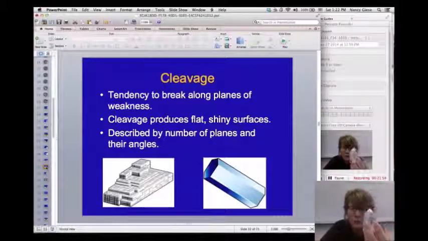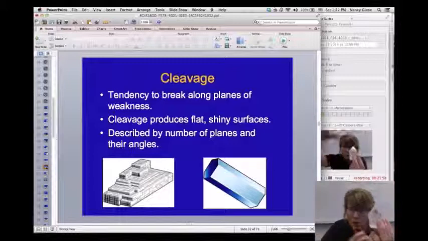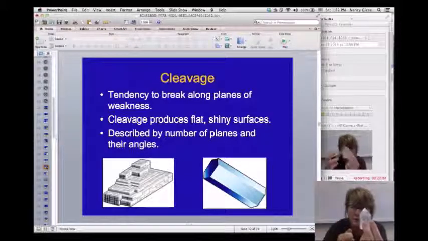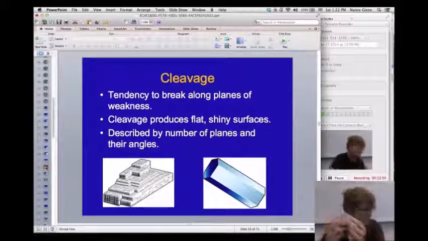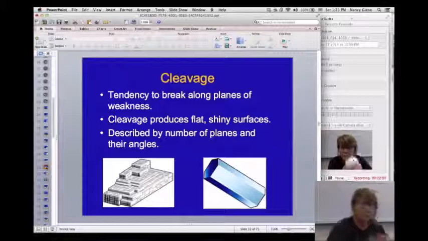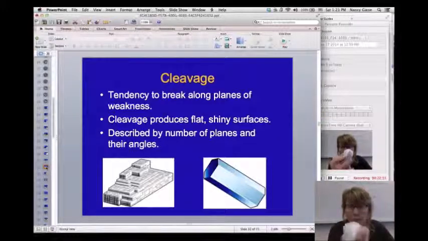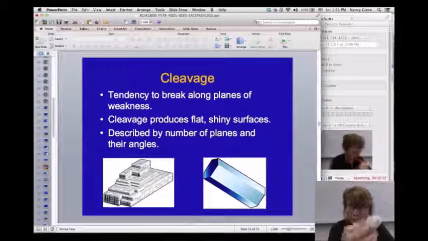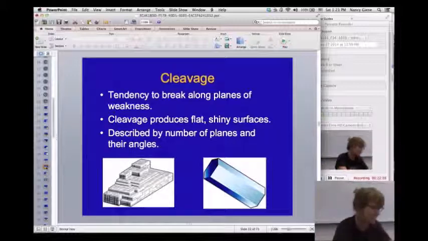The reason for this is that all of the bonds holding the silica and oxygen together in this quartz are equally strong in all dimensions. So if I break this, it will break randomly, and it would look more like this. You do see some corners on this sample, but there are no repeating flat reflective surfaces on this mineral, so it has no cleavage. Quartz has no cleavage.